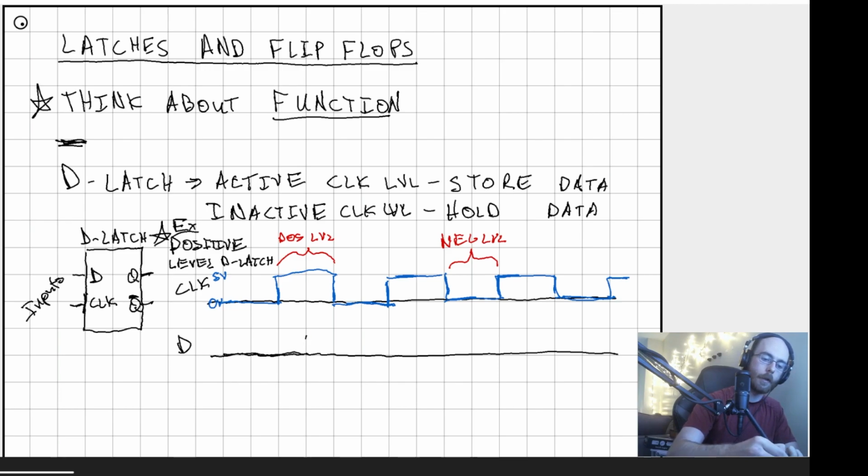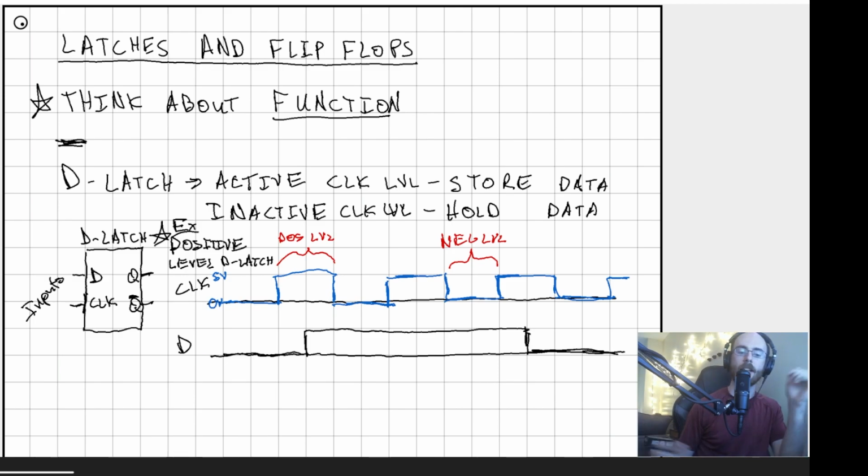We'll say we go up here, and we'll keep it up, and then we'll have it go down here, and we'll keep it low for the rest of it. This could be any random signal, right? This could be coming from somewhere else in our circuit. Or maybe this is us manually connecting D low and then connecting it high, right? So we have our two signals, clock and D.